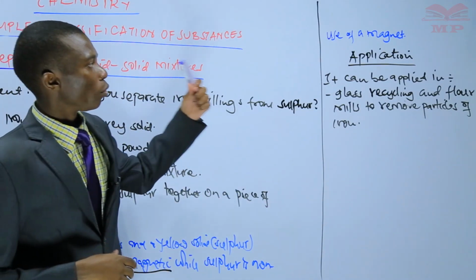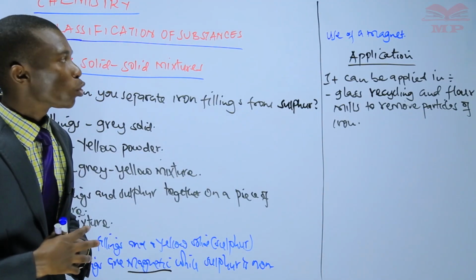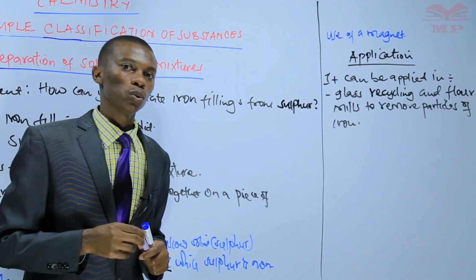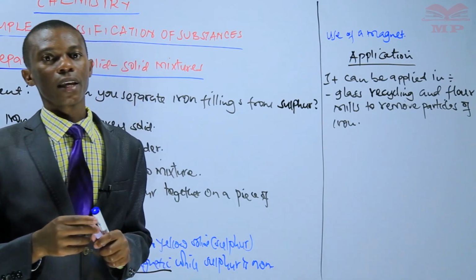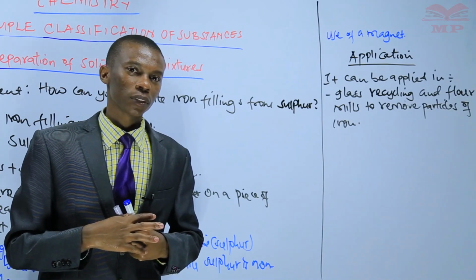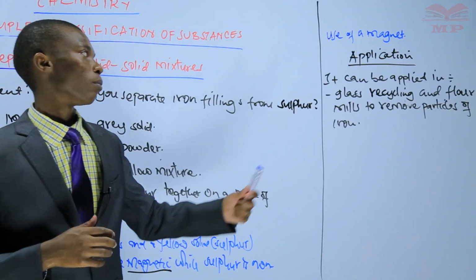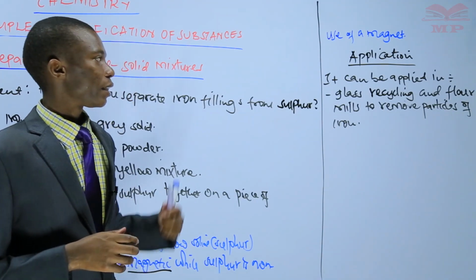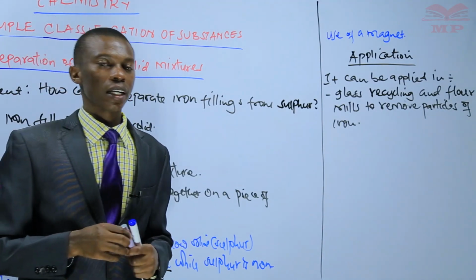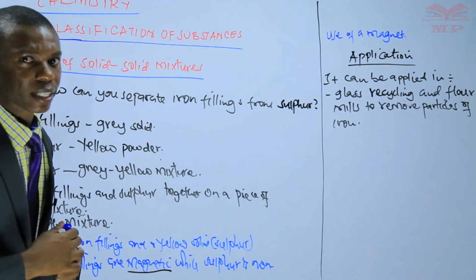Those are two areas where you can use the magnet method to separate glass from iron particles, and flour from iron particles. I hope you understand that very well.